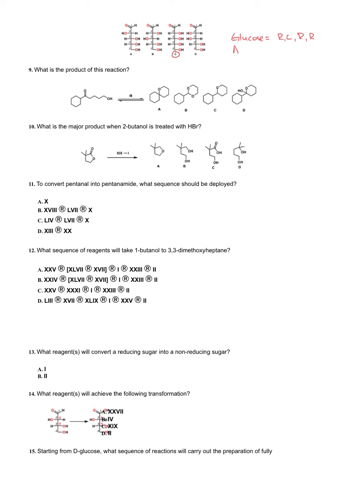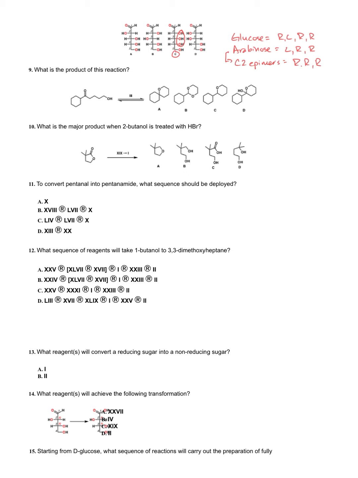So arabinose must be left, right, right. So the C2 epimer of that must be right, right, right. So that's how we get these substituents all on the right side, so that's C.